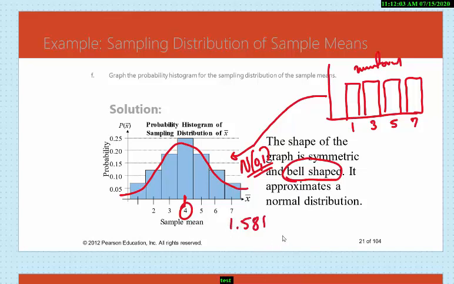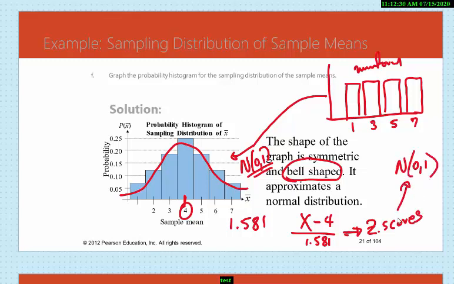So if you take x minus 4 divided by 1.581, then this is going to be the set of z-scores. This is going to translate to the bell curve. This is what we know. This is what the CLT gives us. And this is quite important.